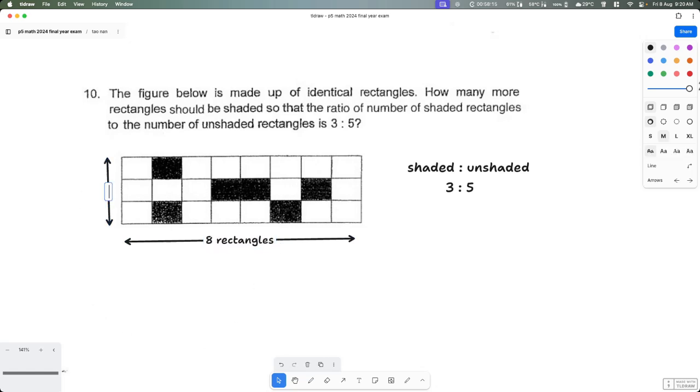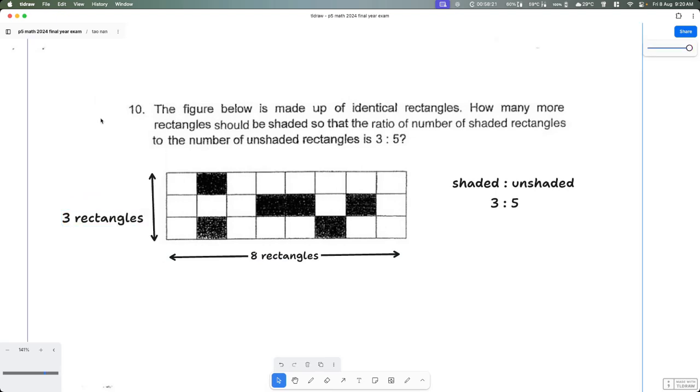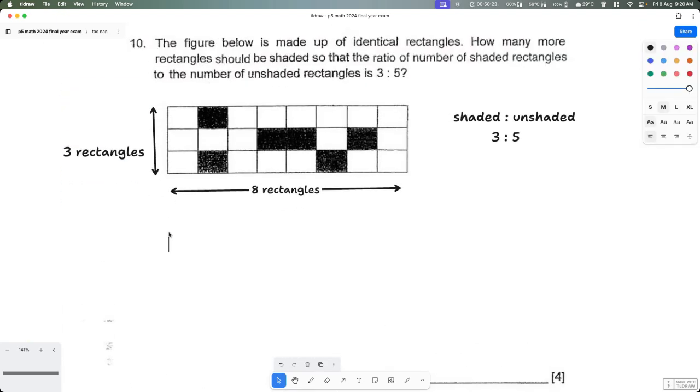So total rectangles is equal to 3 times 8, which is 24, right? Then current shaded, we have 1, 2, 3, 4, 5, 6. So we have 6 over here.